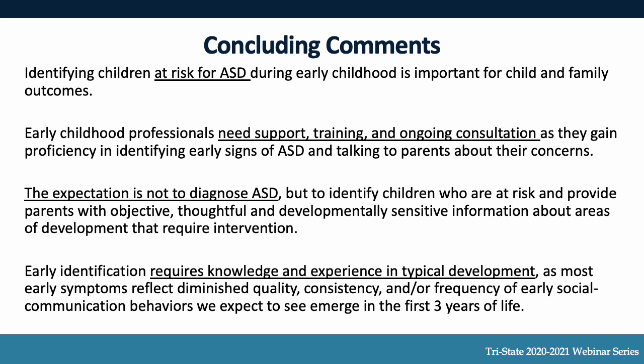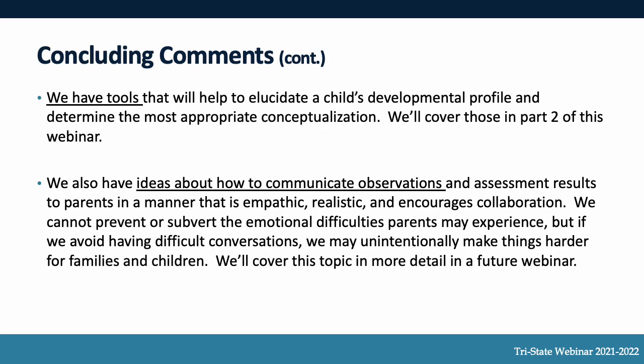And then lastly, I can't say enough how important it is to have a lot of knowledge and experience in typical development if you are trying to identify young children who may have an autism spectrum disorder. And that's because the more experience you have seeing how rich, how frequent, how consistent early social and emotional behaviors are in typically developing infants and toddlers, the better prepared you'll feel to identify or look for autism in those children.